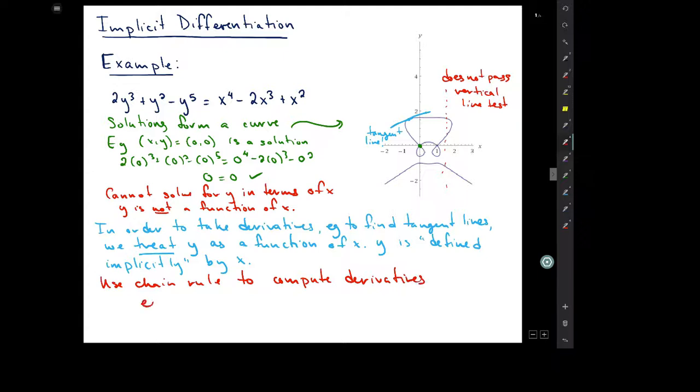So for example, if I'm going to take the derivative d dx of y cubed, this isn't just a variable cubed, it's a function cubed. So I have to take down the exponent, subtract 1 from that exponent, and then I have to take the derivative of my function. This is my chain rule.